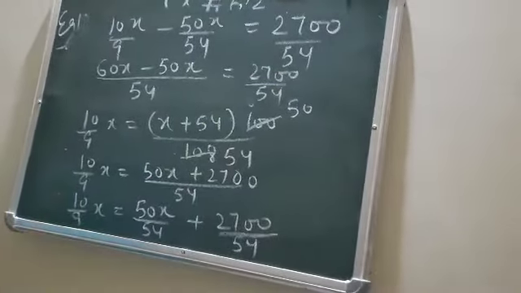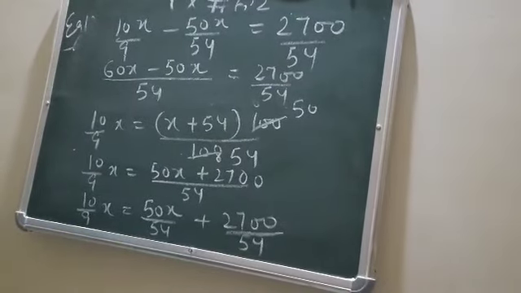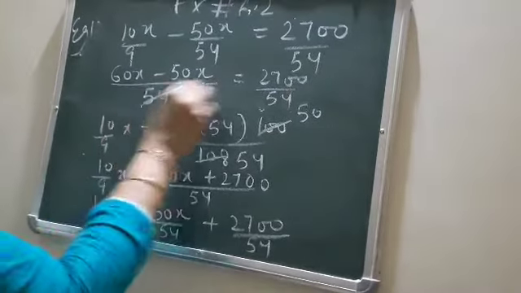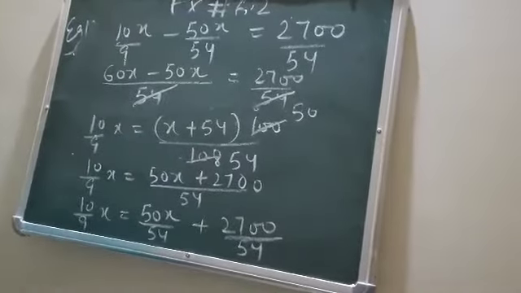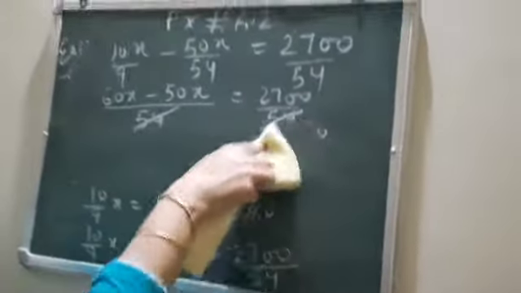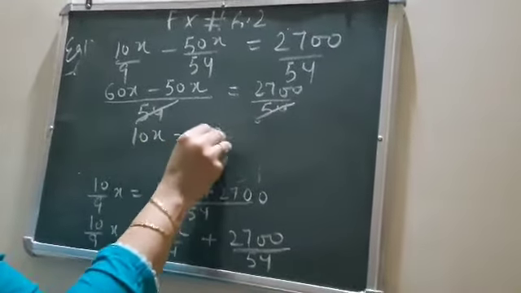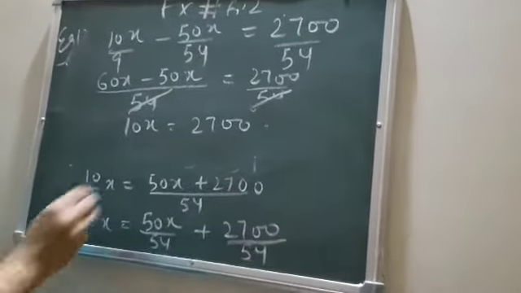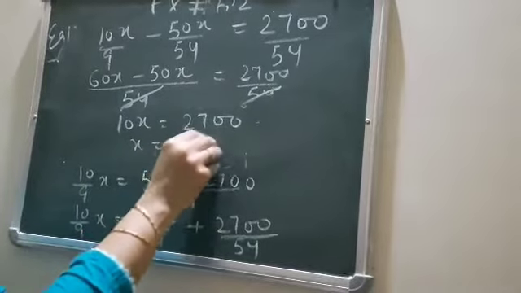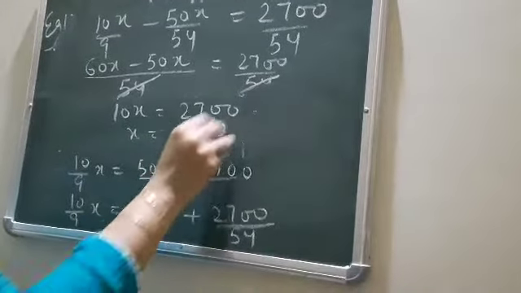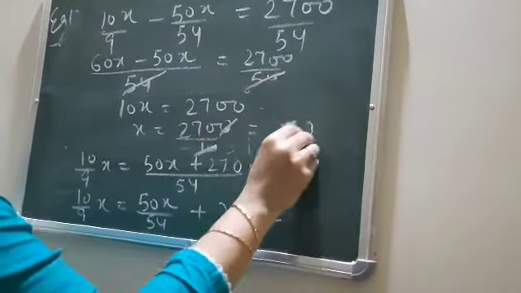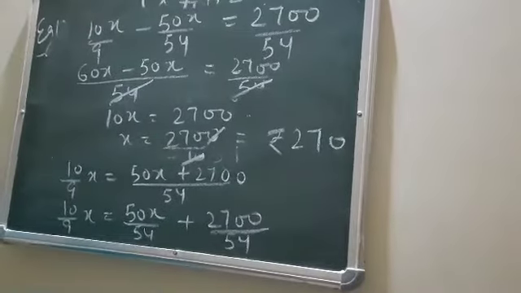Now on both sides you can see that 54 is there. So we can cut this 54 on both sides and then we can solve it further. 60 minus 50 is 10x is equal to 2700. Now x will be equal to 2700 upon 10. Cut 0 0. So it is rupees 270.